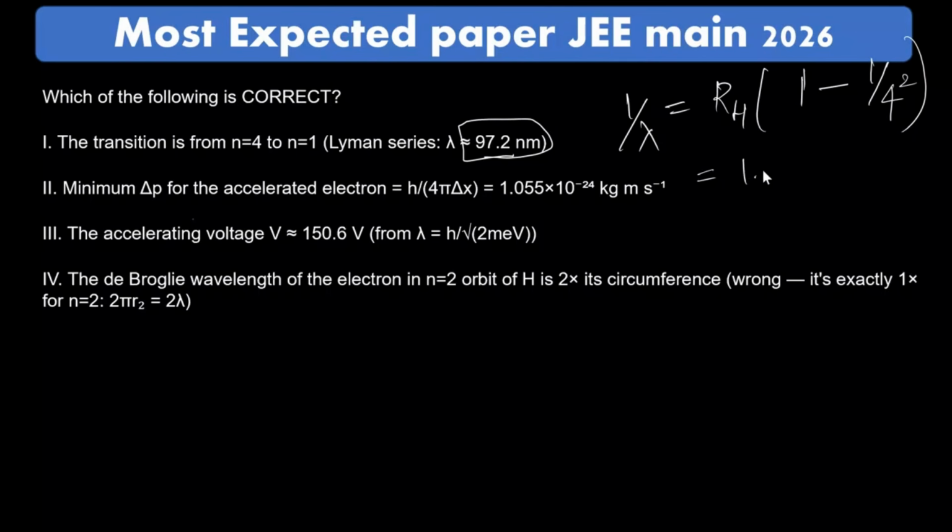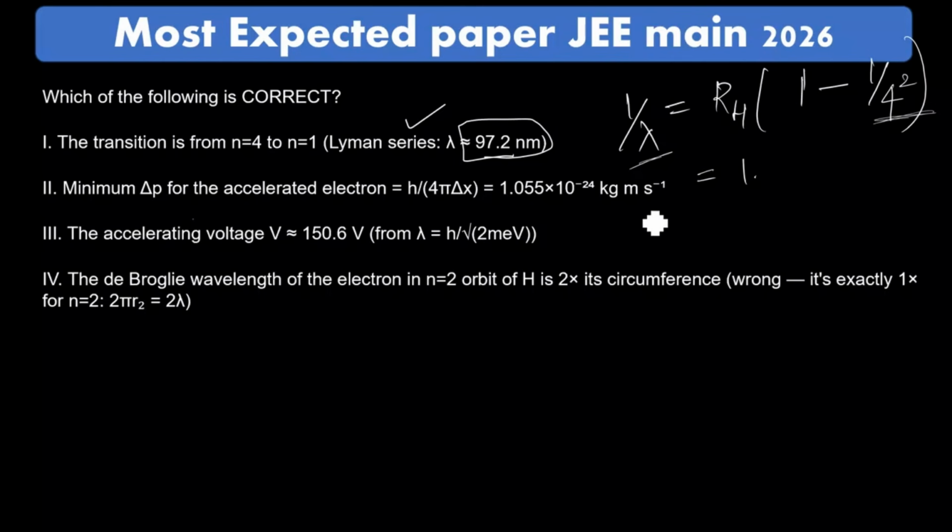You can do this in two different ways: either keep the n value as unknown and find out the lambda value, or substitute the lambda value with n as unknown, or substitute the n value and find out lambda. If you do it either way, you will get the same answer. So that's all you have to do.